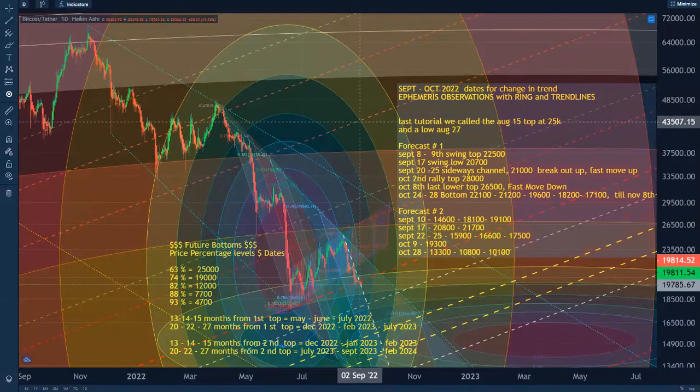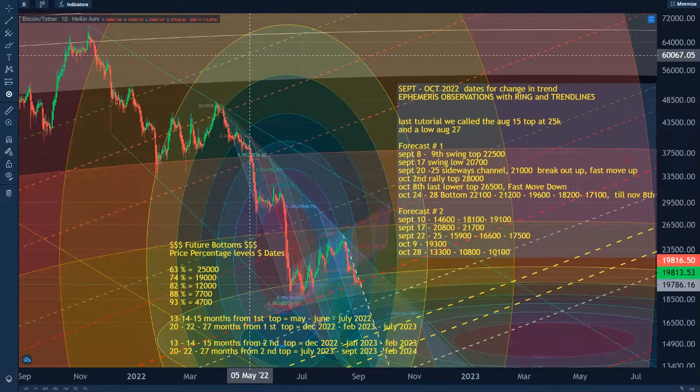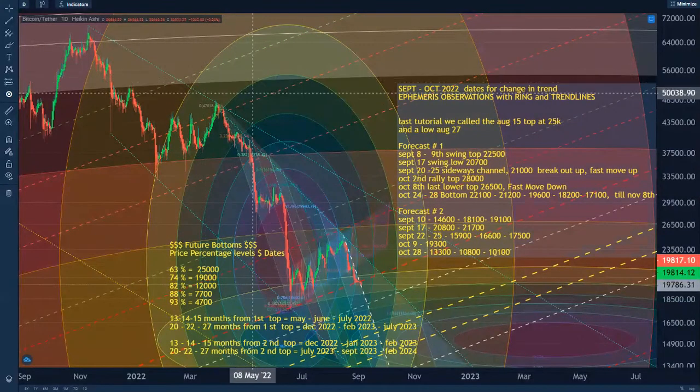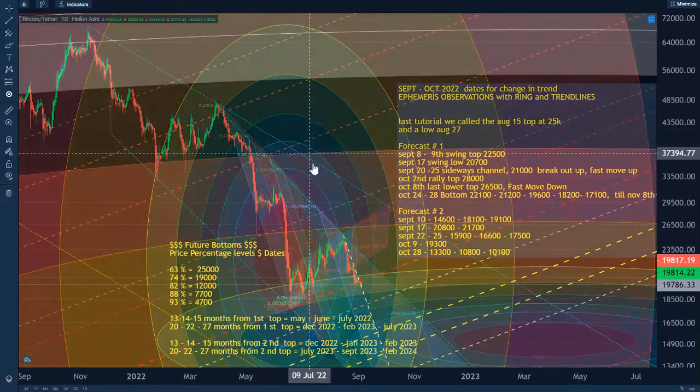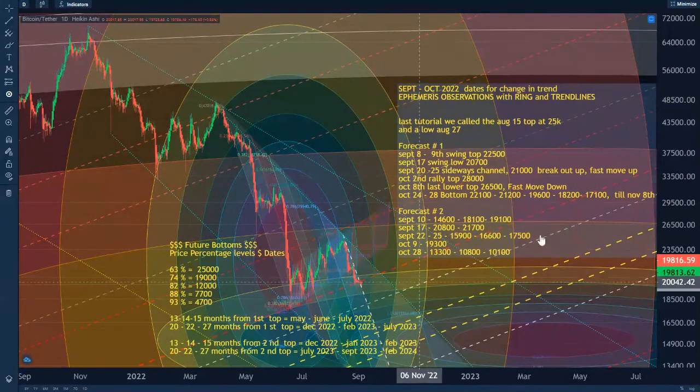We're going to talk about these trend lines too. These all come back from very far places, back in 2013, 2011, 2015, all from significant bottoms and tops. I'm going to utilize these and watch how well they coincide with our rings.